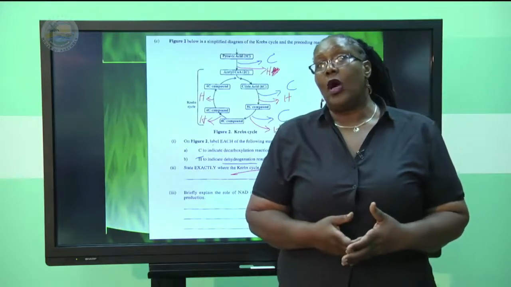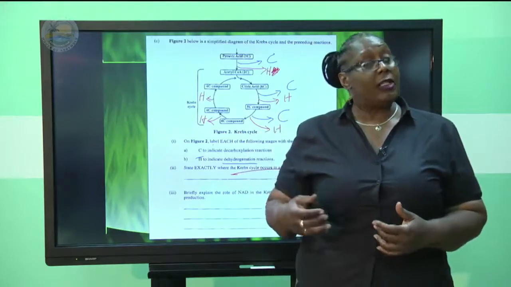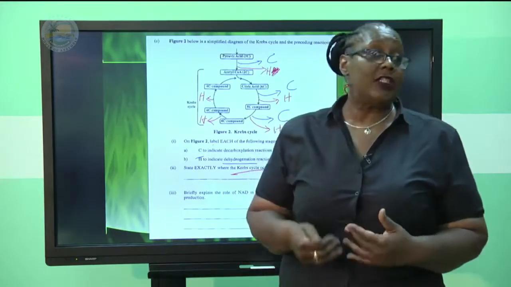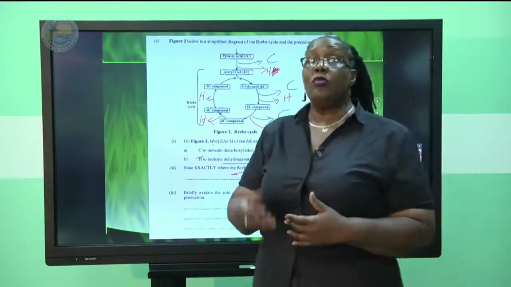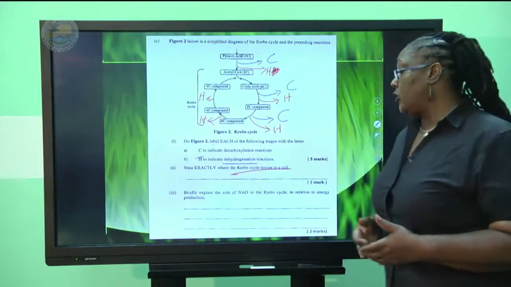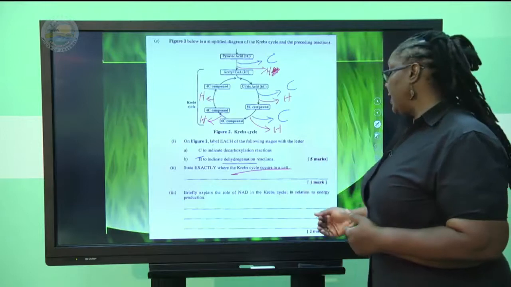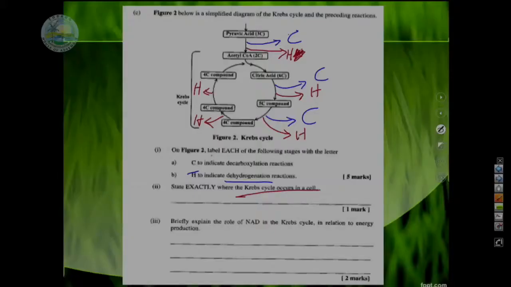That now will allow it to go into the electron transport chain, where the electron and the hydrogen would pass along and will result in the formation of ATP. So NAD is very important in moving hydrogen, moving energy towards the formation of ATP within the electron transport chain.